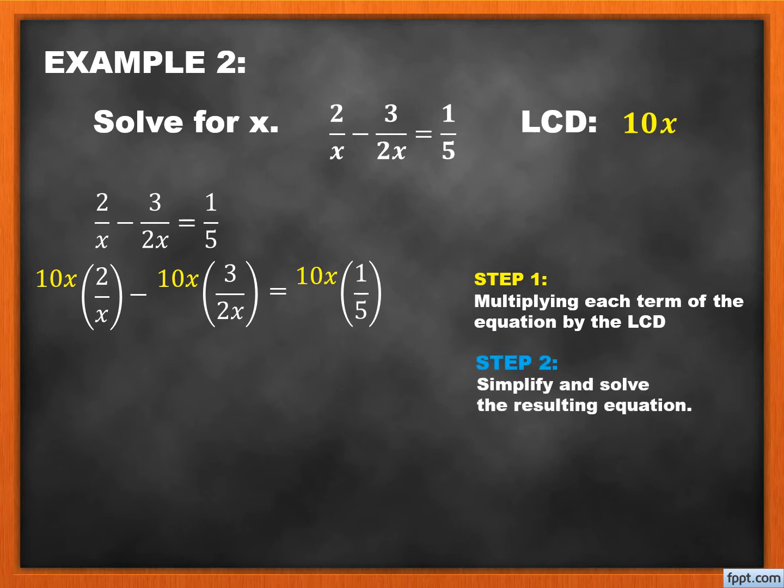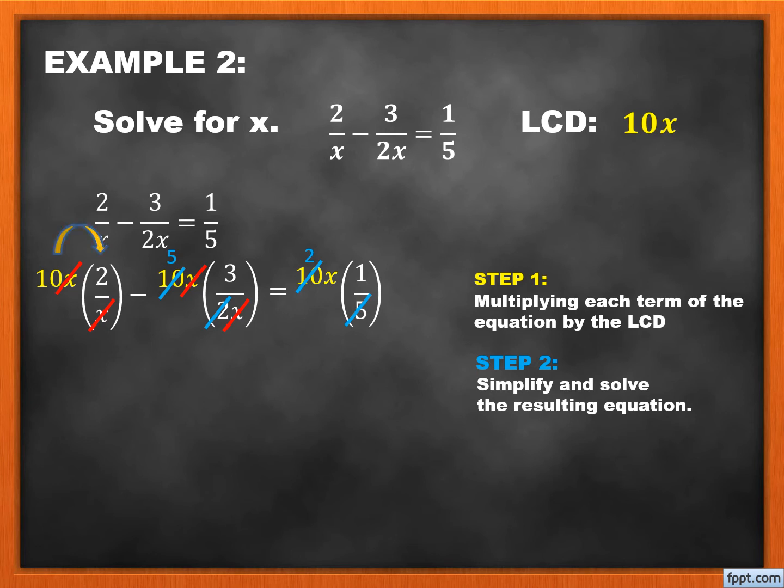By simplifying and solving the resulting equation, we can cancel x and x, x and x, and 10 divided by 2 is 5, 10 divided by 5 is 2.